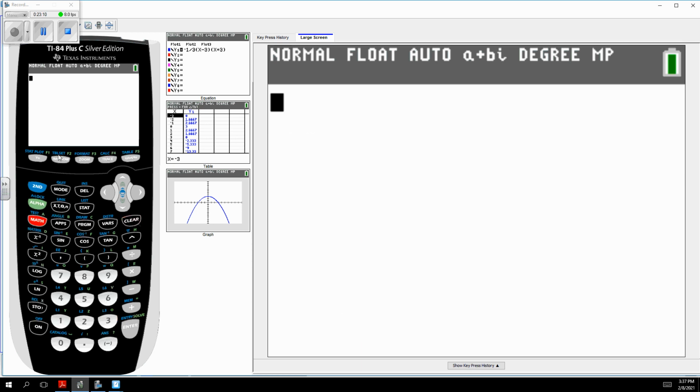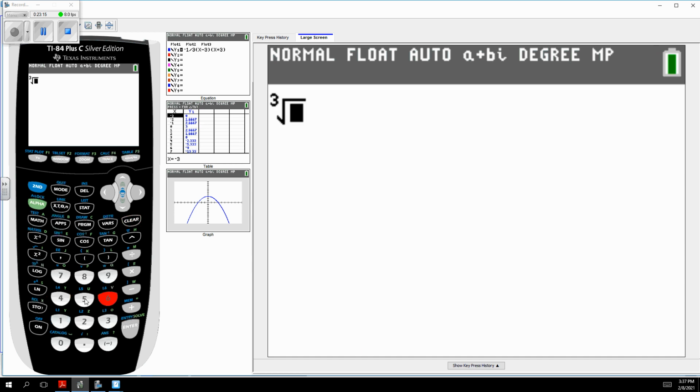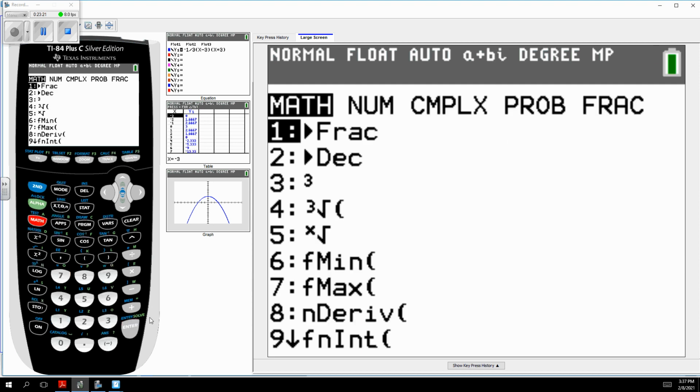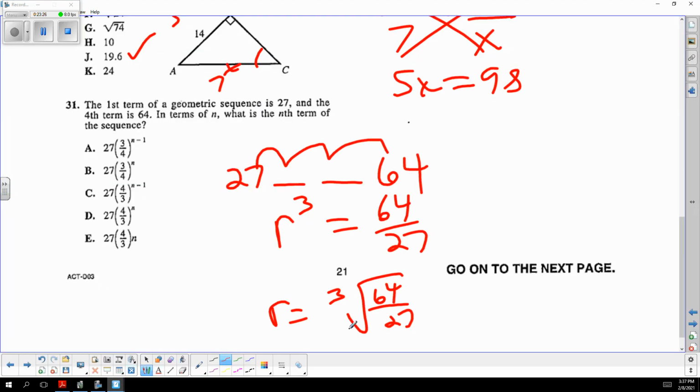So when you go Math, cube root of 64 over 27, you find that the change is 4/3, Mathfrac. So that's the r we're looking for. And then you use the geometric series formula, which is a r to the n minus 1. So it's the first term, 27, times 4/3 to the n minus 1, is answer C.